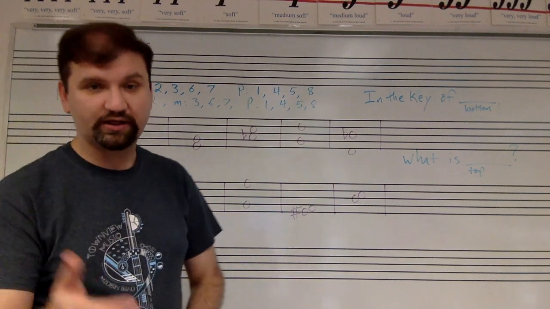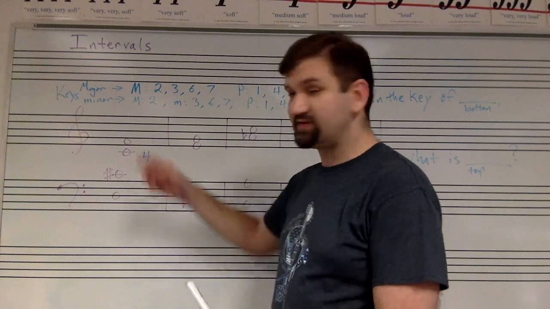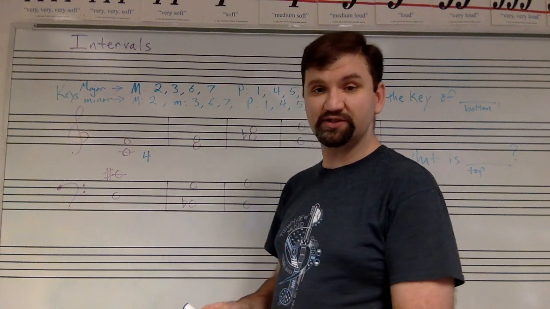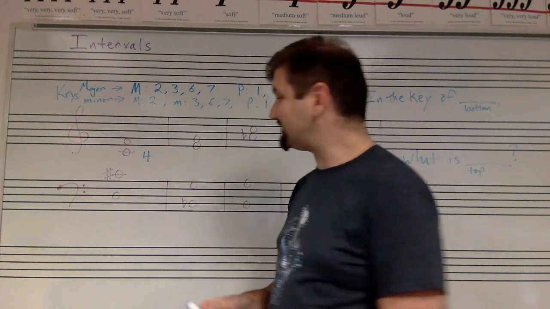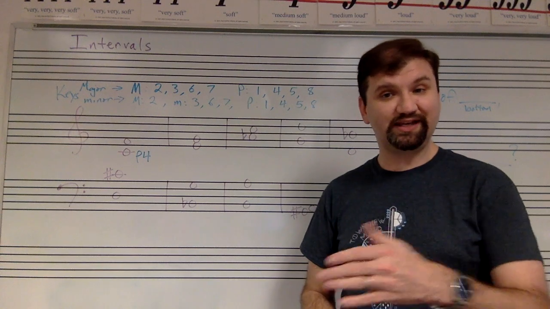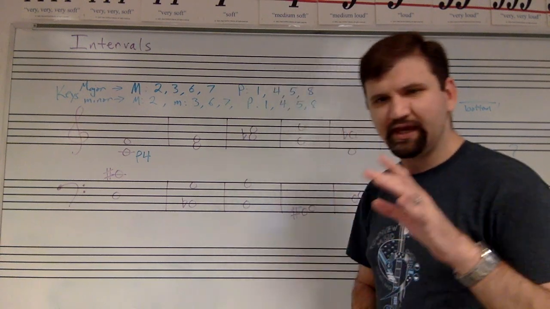In C major, and in any major key, the fourth is perfect. So if this fits with C major's pattern and fits with C major's pitches, then we know it matches the quality of C major. So C to F is a perfect fourth. Again, I'll say that one more time.